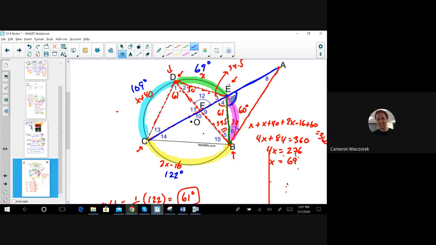I don't have a formula for it if it's a tangent or if it's a secant and a chord. But you have to notice these two angles. I'm going to highlight them in yellow. This takes us all the way back to like September. These are supplementary. That's a linear pair. You already figured out that angle 4 was 61. So angle 7 is just the supplement. I'm going to subtract from 180.